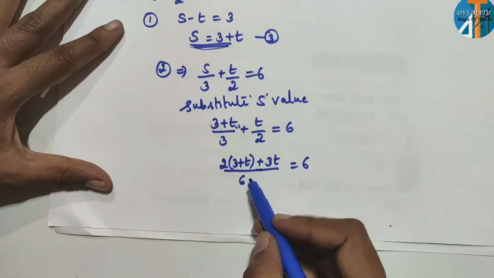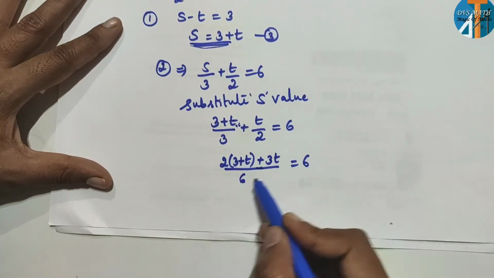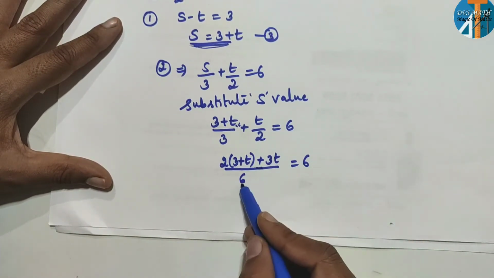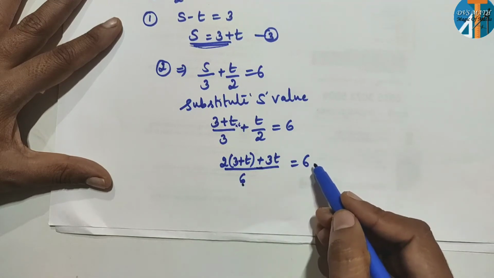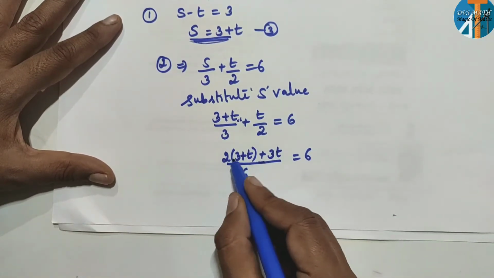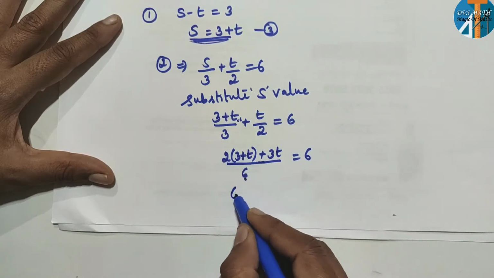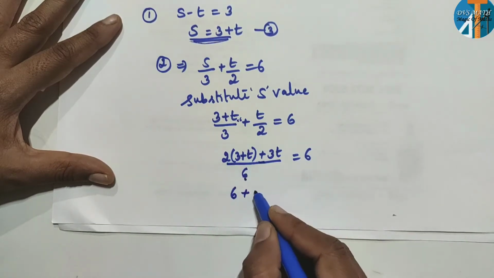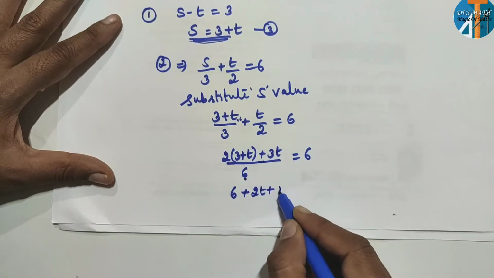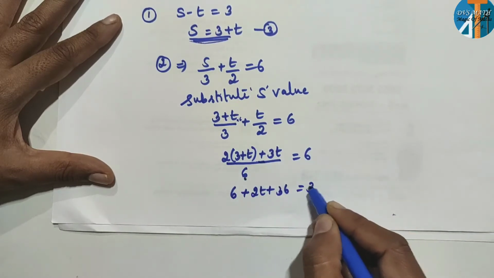Now let us cross multiply. The 6, here it is division, so if it comes to the RHS, it becomes multiplication. Along with that you multiply this also. 2 into 3, 2 threes are 6, plus 2 into t, 2t, plus 3t is equal to 6 sixes are 36.